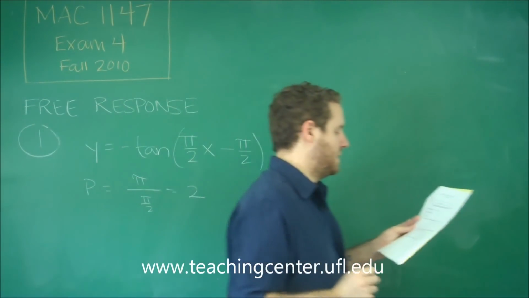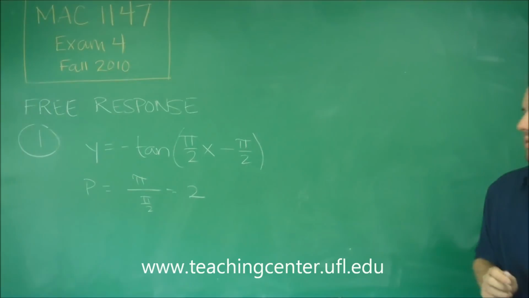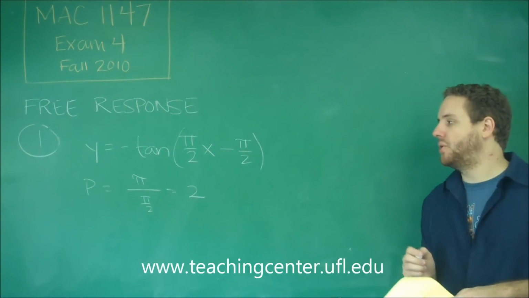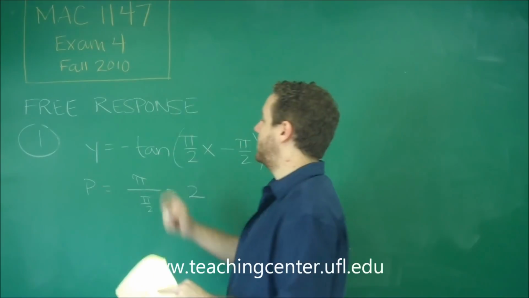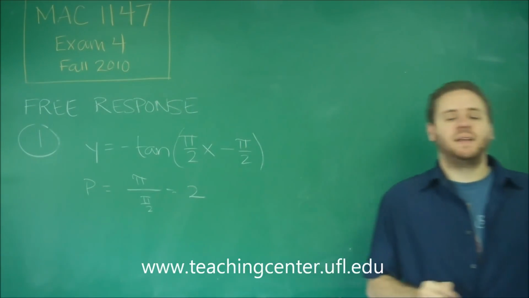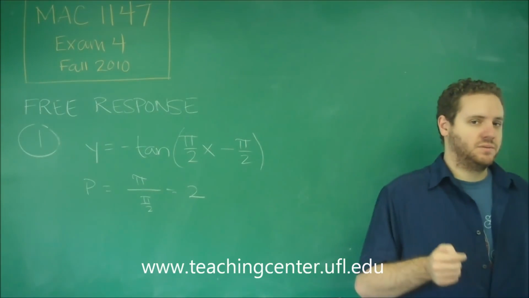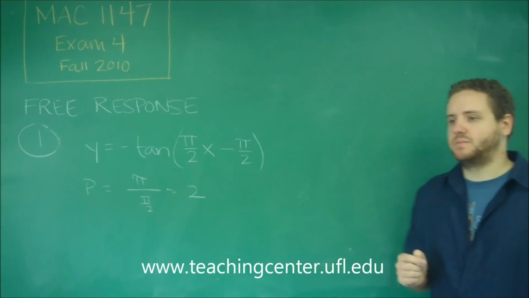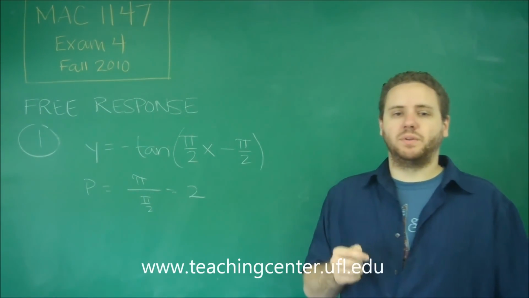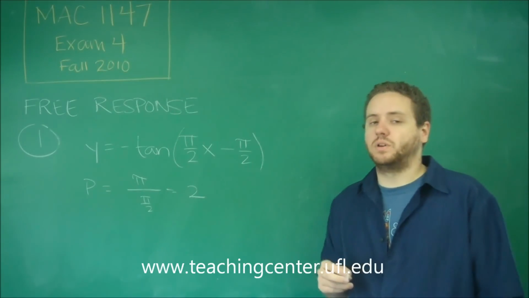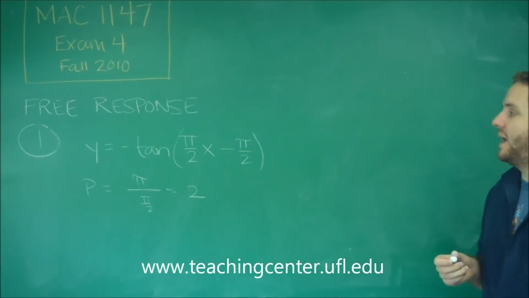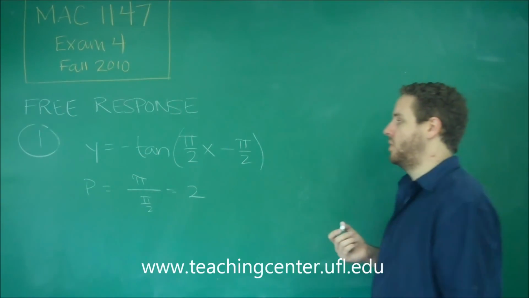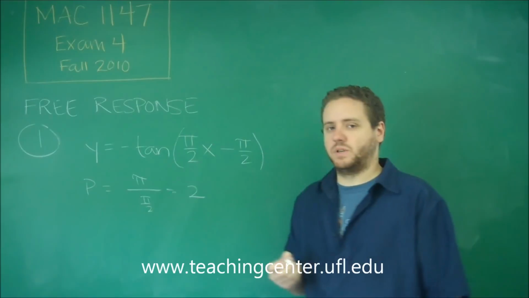And then the next part is 2 consecutive vertical asymptotes. So when you want 2 consecutive vertical asymptotes, first of all think about where tangent normally has vertical asymptotes. It normally has vertical asymptotes at every odd multiple of pi over 2. So we need the inside to also equal the odd multiples of pi over 2.